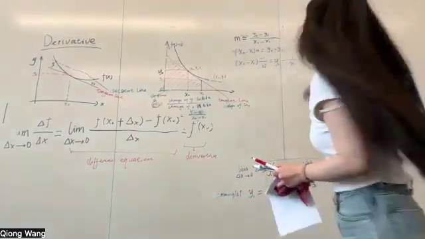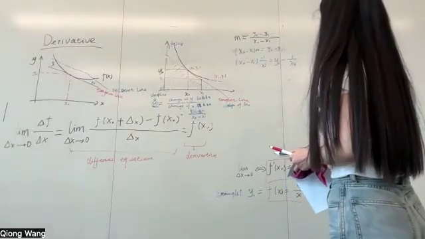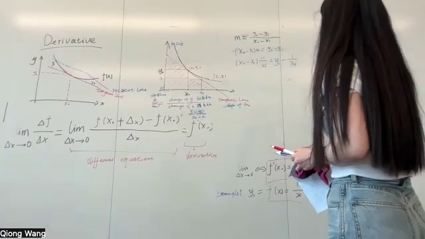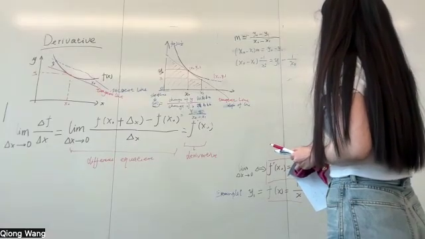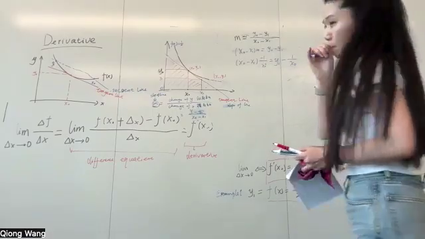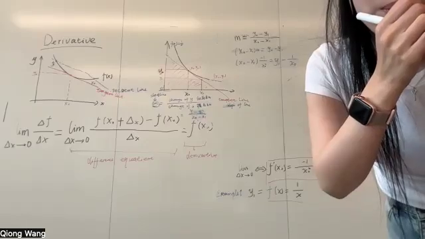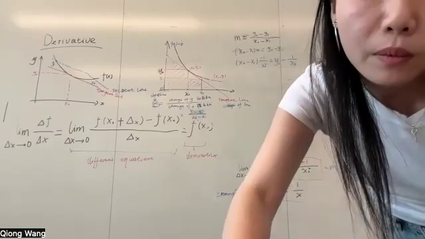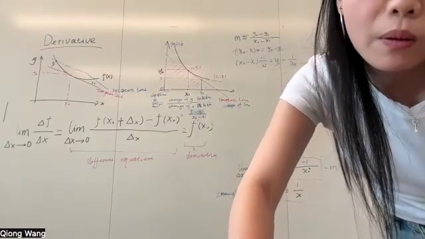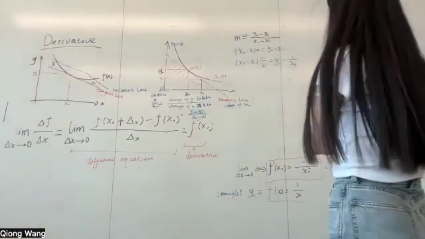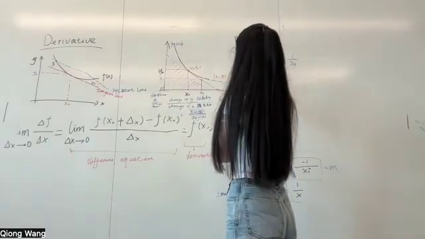Actually it's 1 over x0 minus y1, right? Because it's y0 minus y1.